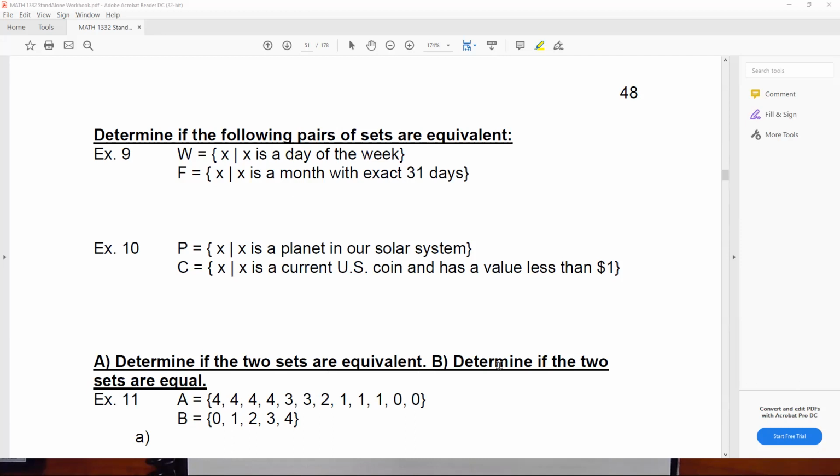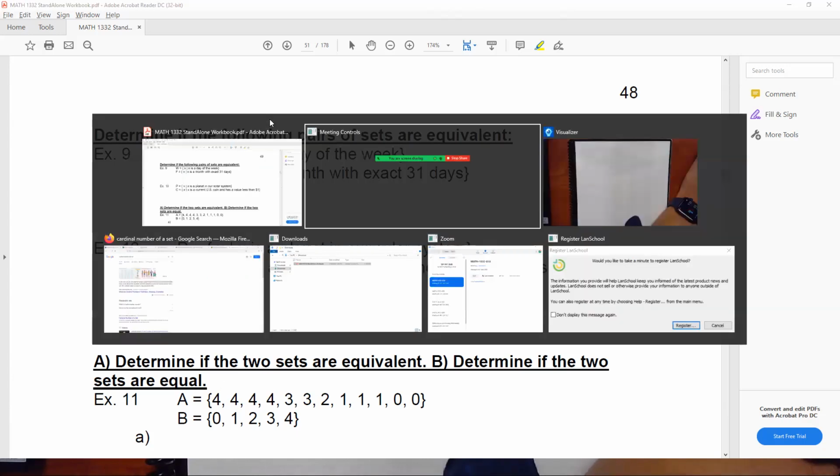So we have to understand what equivalent sets are, and what equal sets are. Equal means they have to be exactly the same, right? We're pretty sure we understand equal. Equivalent though, when it comes to sets, I believe it means they have the same cardinality, same number of elements. Let's double check.